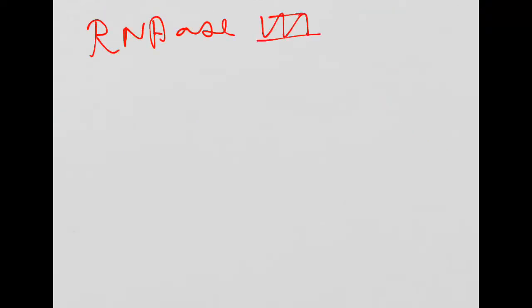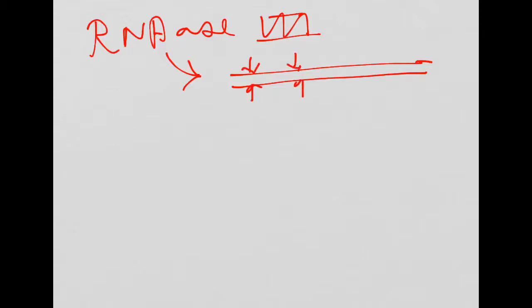I have mentioned RNase 3 and RNase H type of enzyme, right? So RNase 3 is an endonuclease enzyme that binds to a double-stranded RNA molecule and cleaves both the strands, resulting in formation of small double-stranded RNA molecules.